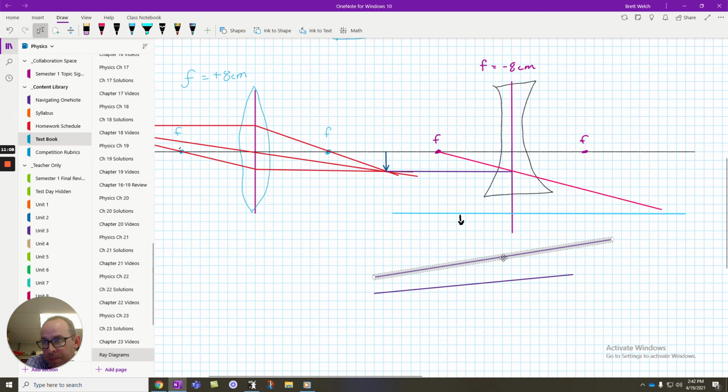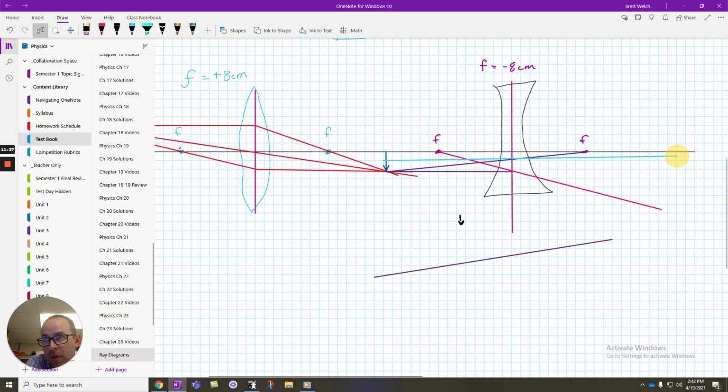The next one would be the one that's aiming for the far focal point. Do it again. All right. So this guy is aiming for this far focal point. That's what it's shooting for. But it's never really going to get there, because as soon as it hits the center of the lens, it's going to get deflected.